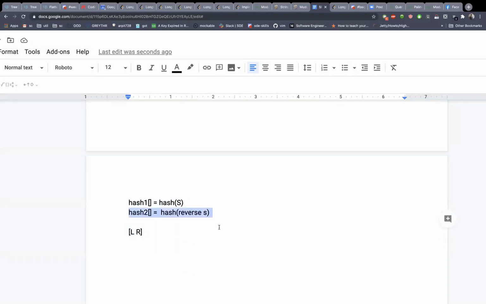In this way, the time complexity for each query would be O(1), so your overall time complexity would become O(q). This will dramatically reduce your runtime. So is that clear?